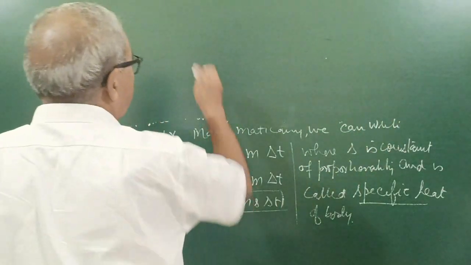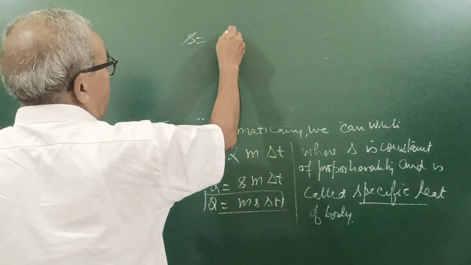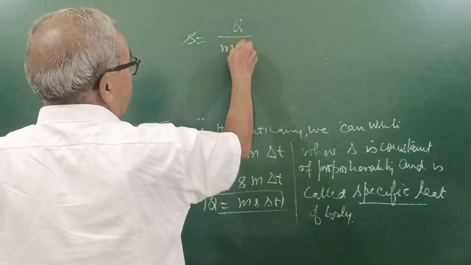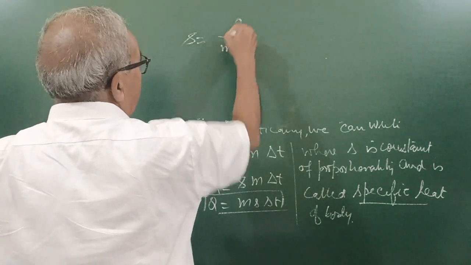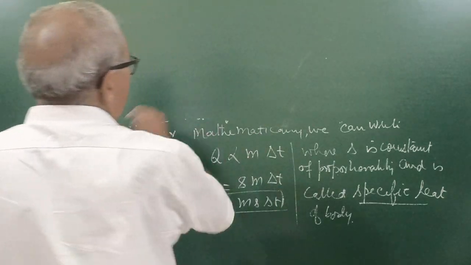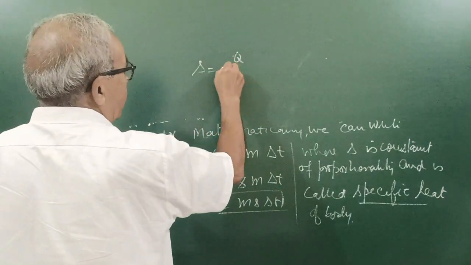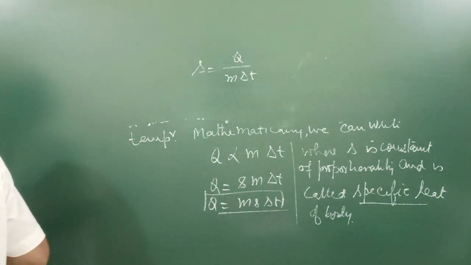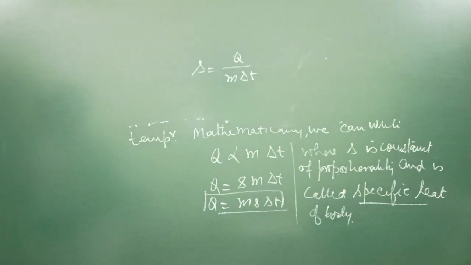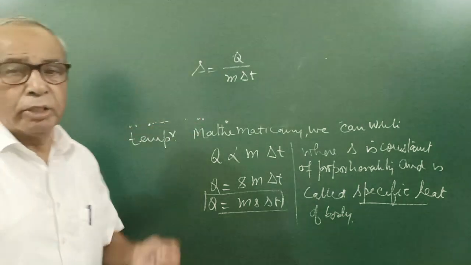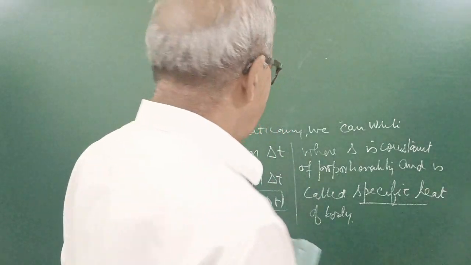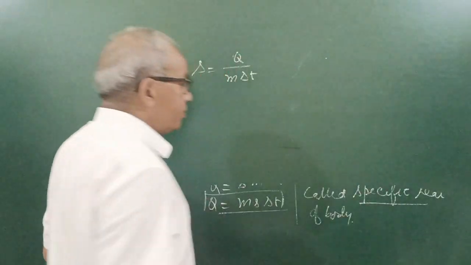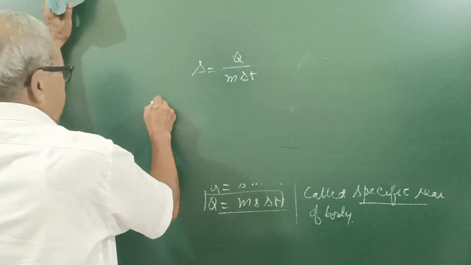From this equation, S is equal to Q upon M delta T. This is the heat required for a given mass, for a given rise in temperature. So we can define it.